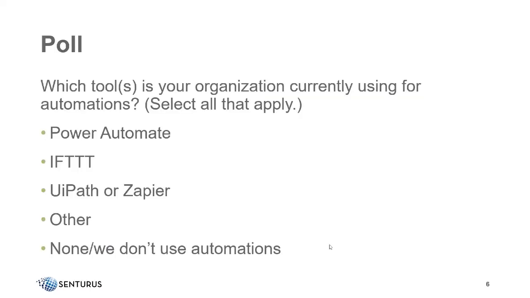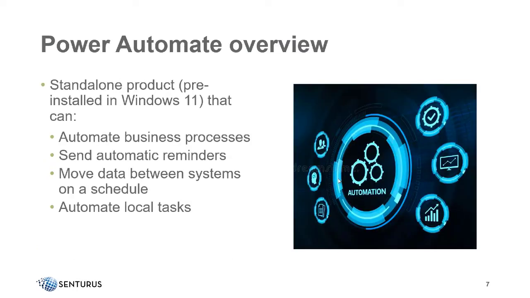Let's start with, what the heck is Power Automate? There are different versions. There's a standalone desktop product, and that is also pre-installed in Windows 11. So any of you who are considering Windows 11, Power Automate's already built in.